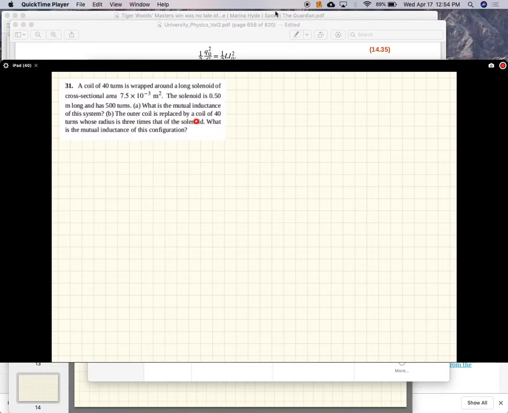The outer coil is replaced by a coil of 40 turns whose radius is 3 times the radius. What is the mutual inductance of this configuration? Okay, so let me do a drawing first. So here is the solenoid.